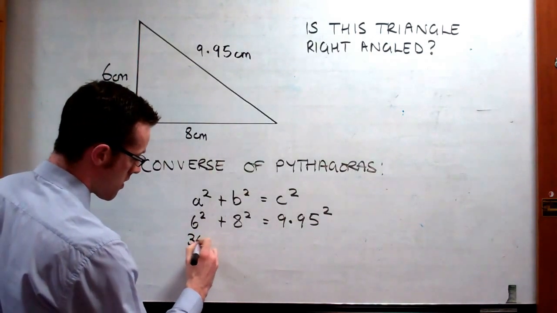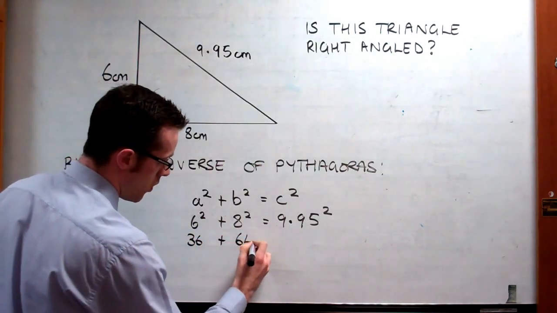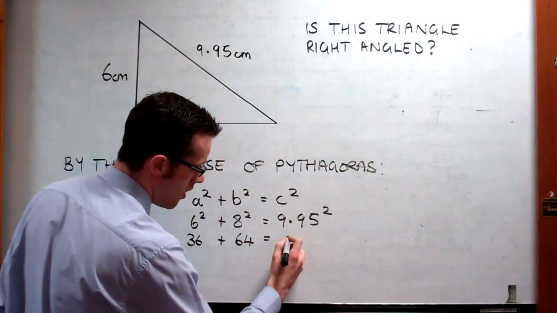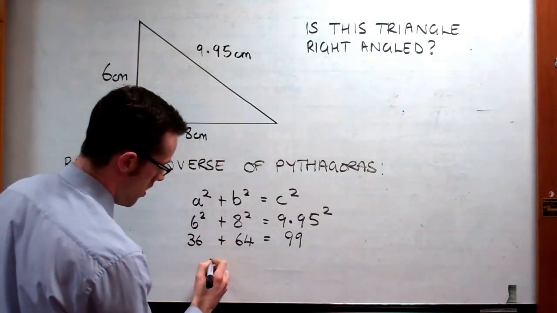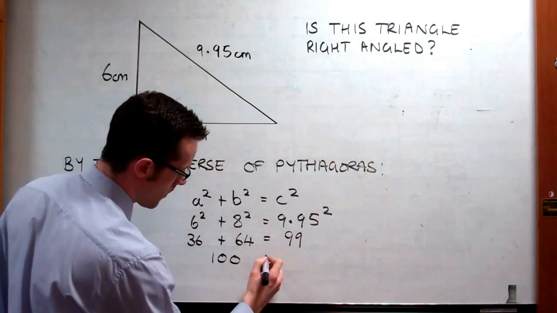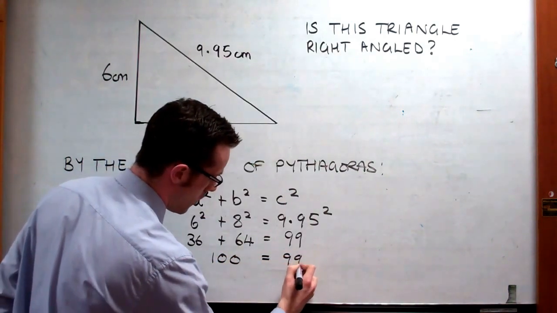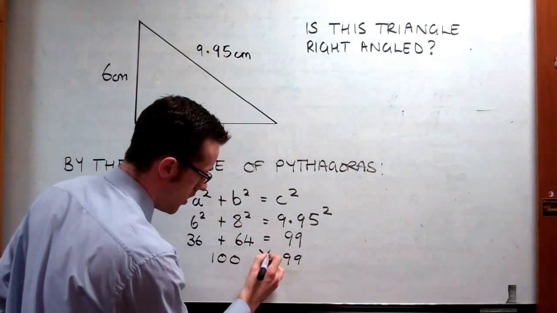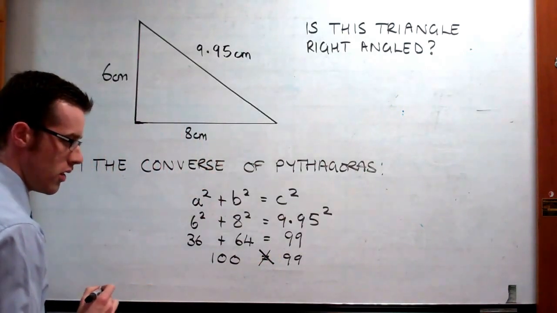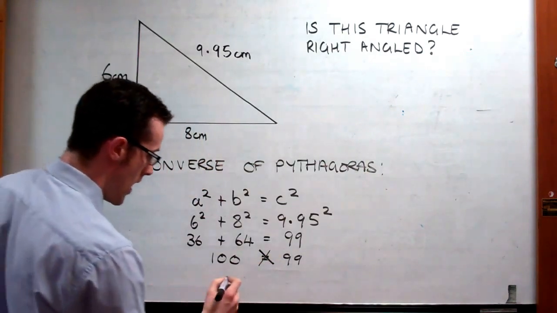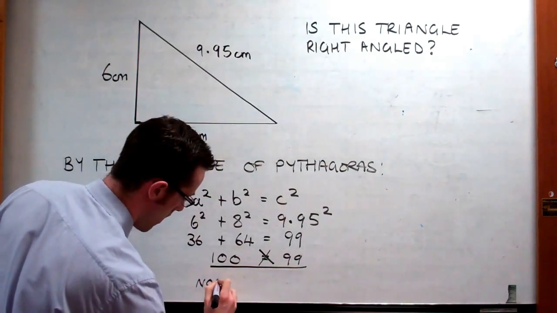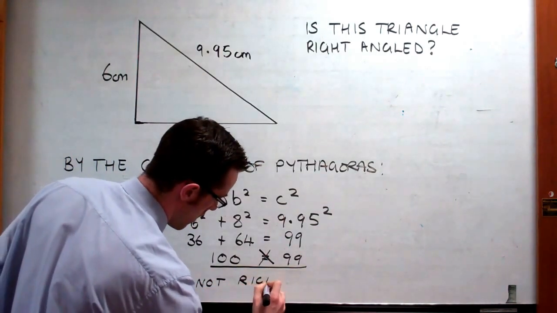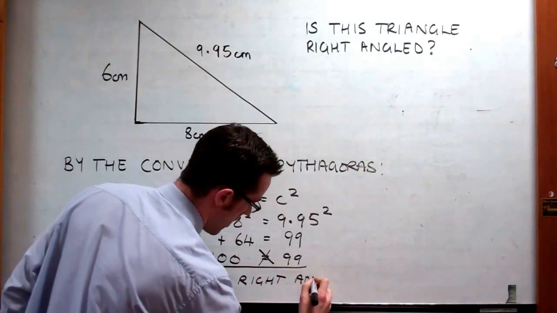So 36 plus 64 should equal 99. And if we check that out, this gives us 100, and that's obviously not 99, so they're not equal. So we put a cross through the equal sign because it's not equal, and then underneath that we can write that it's not right angled.